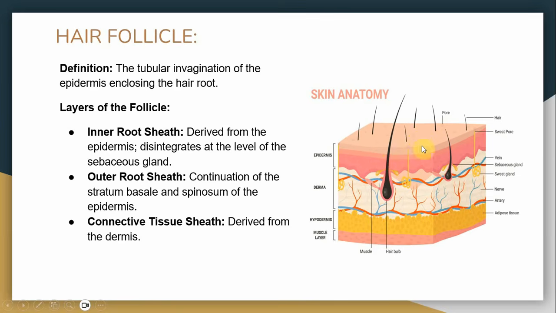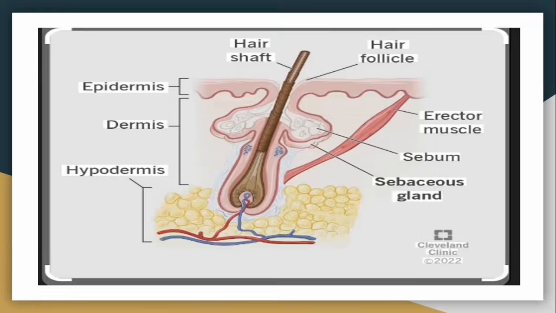So if we talk about the sweat glands, what are the differences between apocrine and eccrine sweat glands? Number one was the distribution, just for a quick recall. Where were eccrine glands present? Mostly all over the body. Where were apocrine glands present?